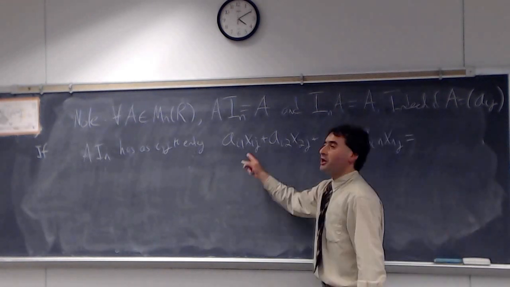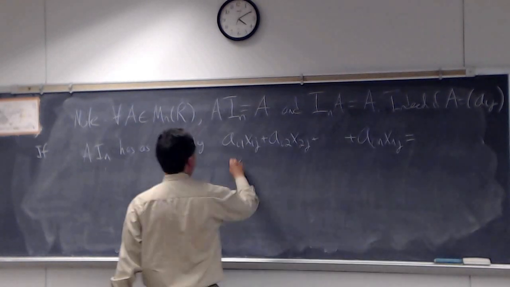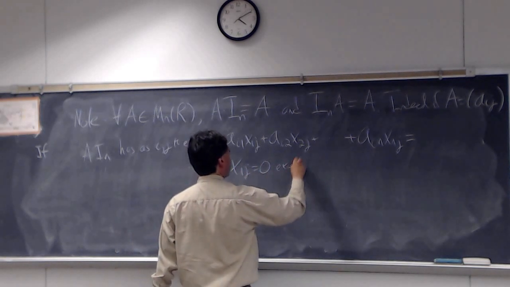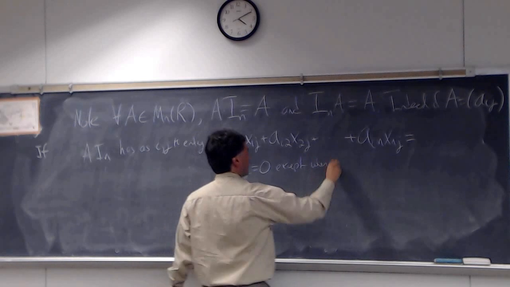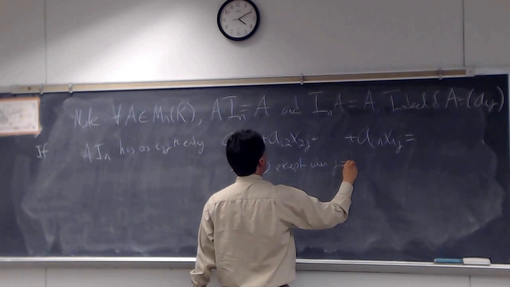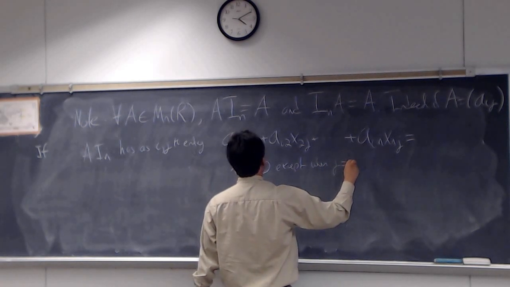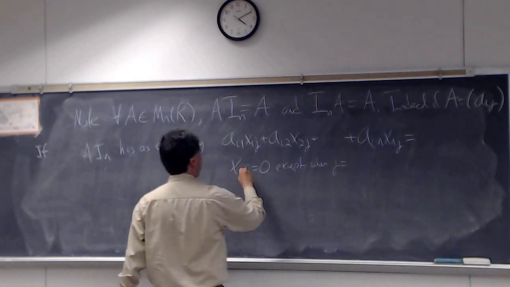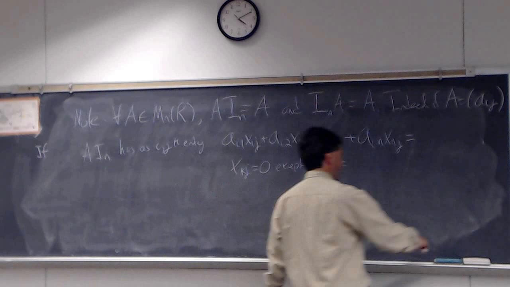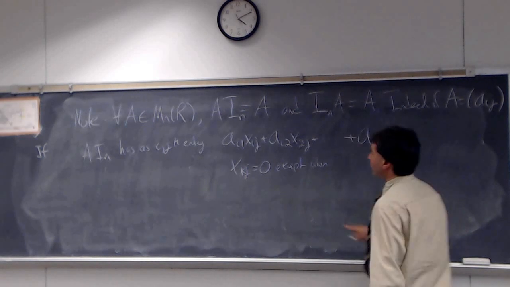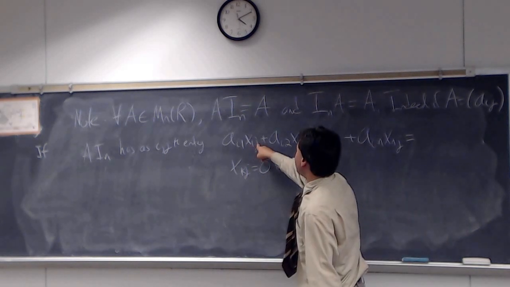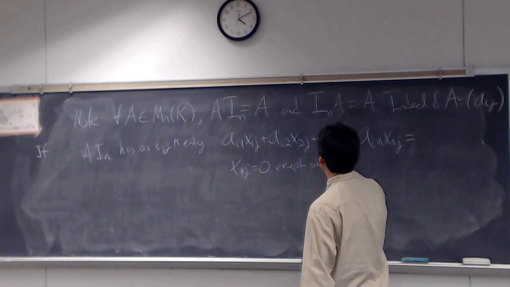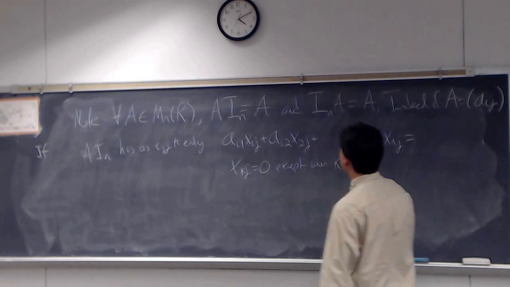But most of these terms are equal to 0. The xkj is 0 except when k equals j.